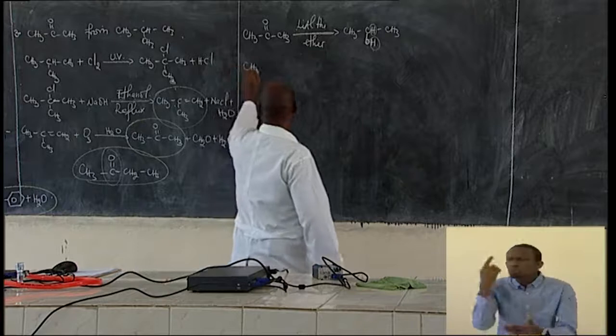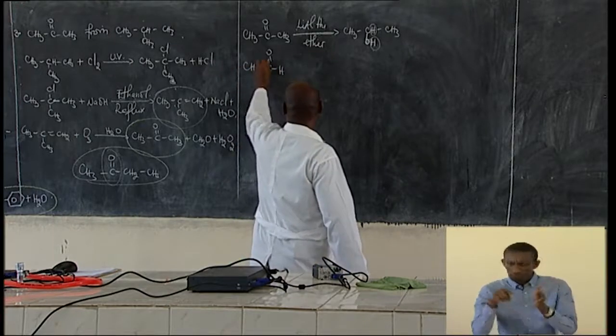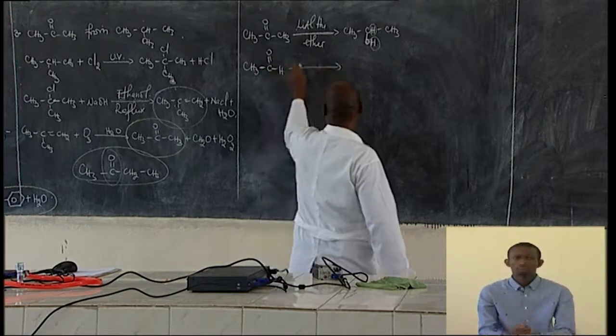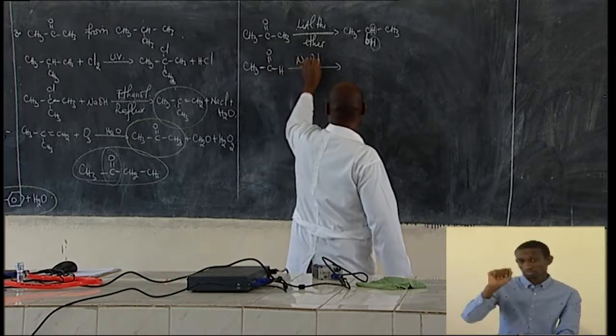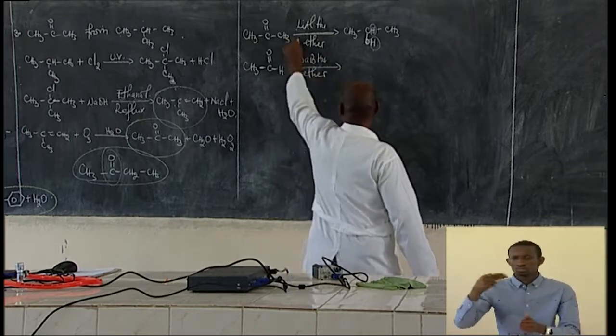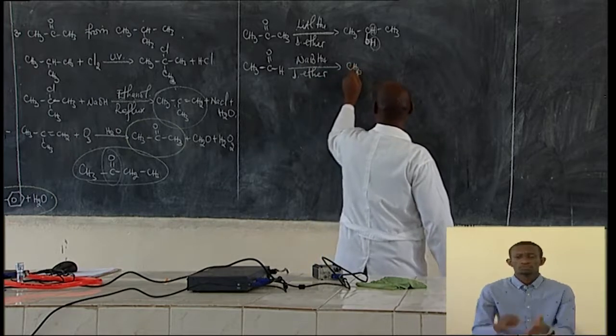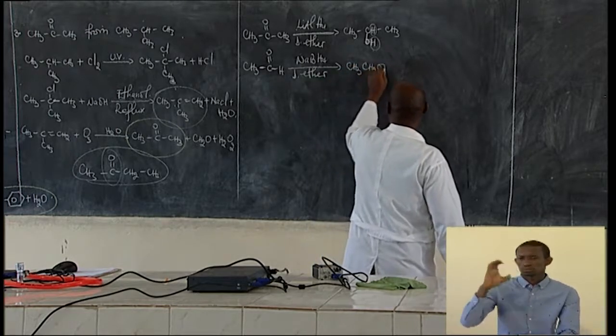What do we get when we use an aldehyde with sodium borohydride in dry ether? We produce CH3CH2OH.